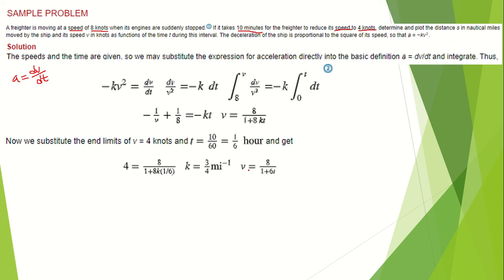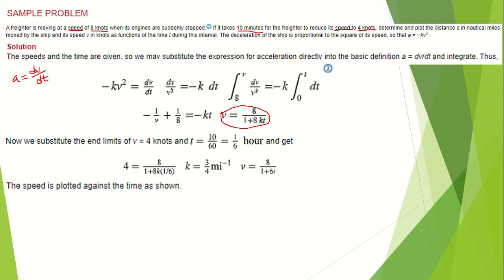Substituting this value into the equation for v, you get v equal to 8 over 1 plus 6t. Then substituting the value for t, you get the value for v.